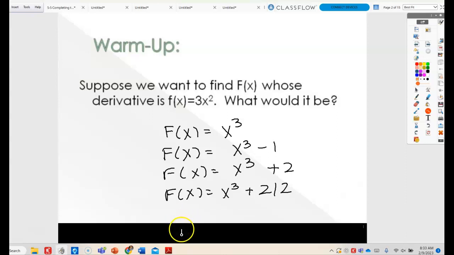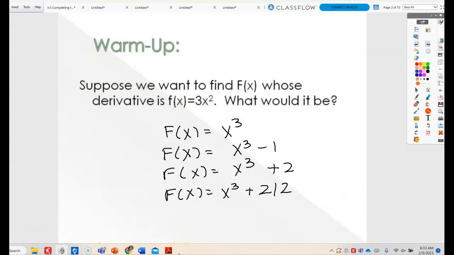So what we say, and what we're going to learn today, is that the antiderivative of a derivative is going to be equal to that antiderivative plus some arbitrary constant c.